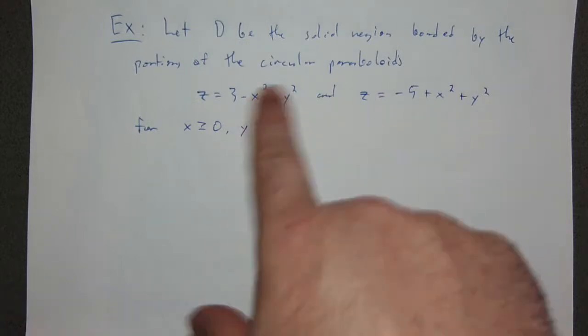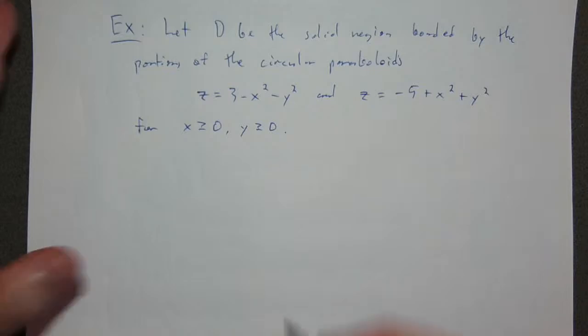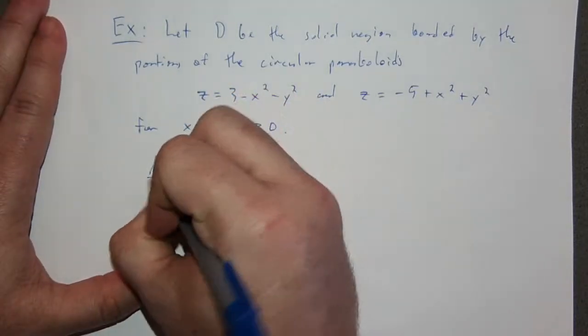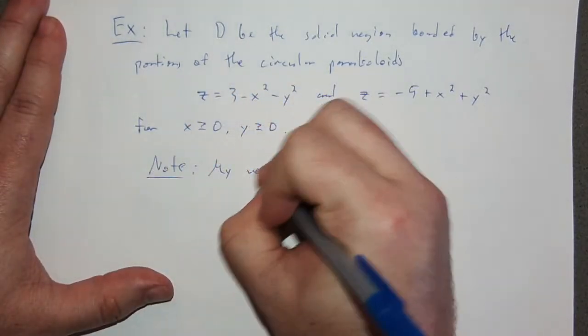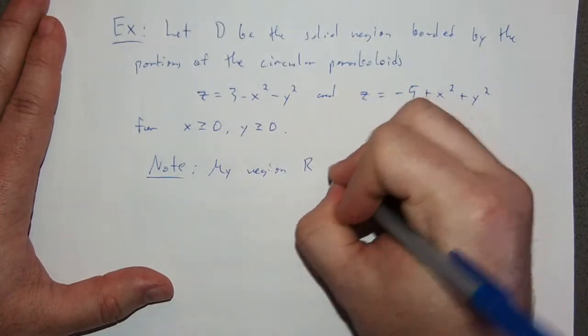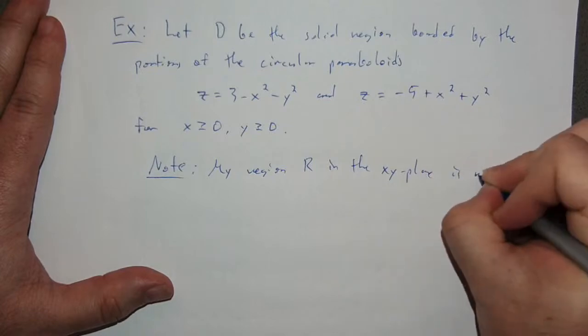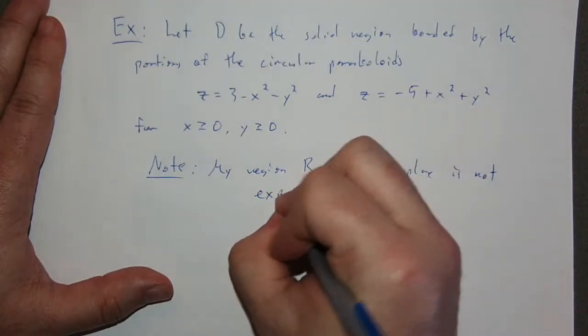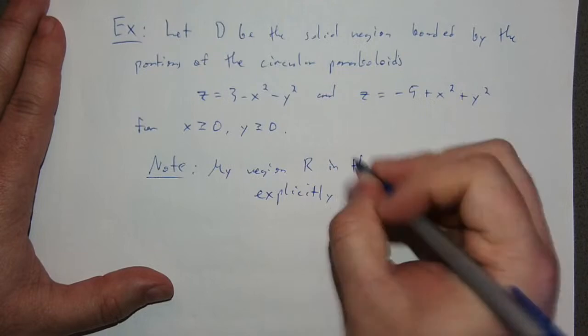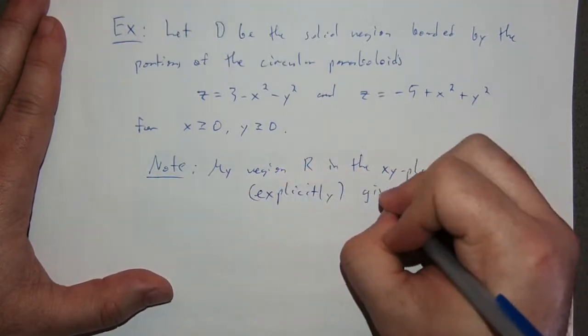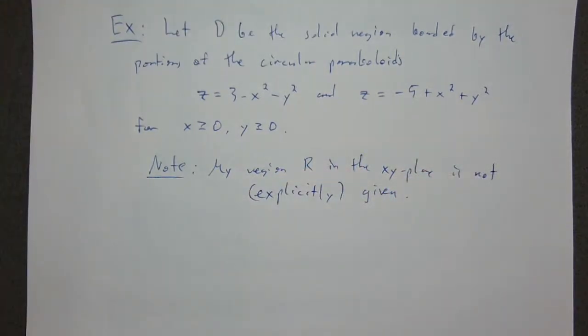So notice that there's no R, right? So note my region R in the xy plane is not given explicitly anyway. It is in fact implicitly given.